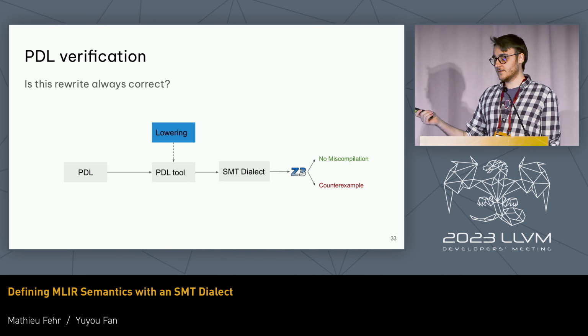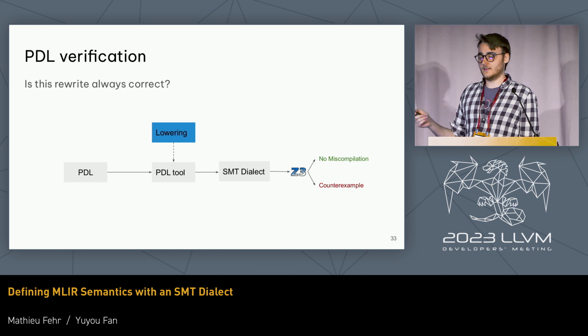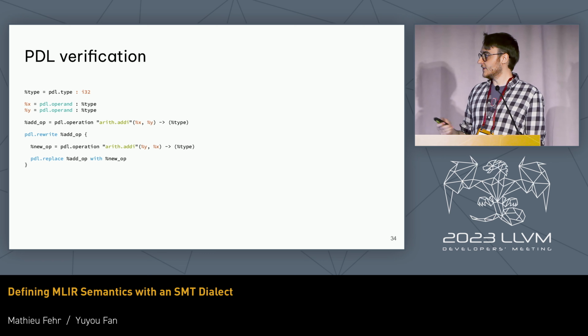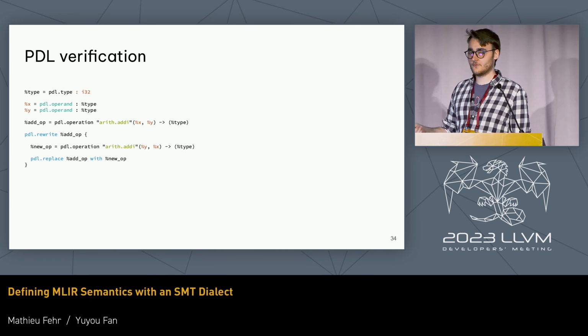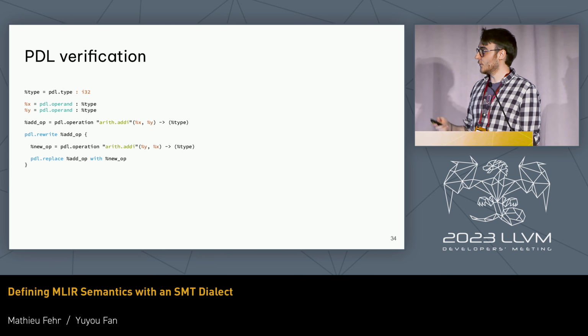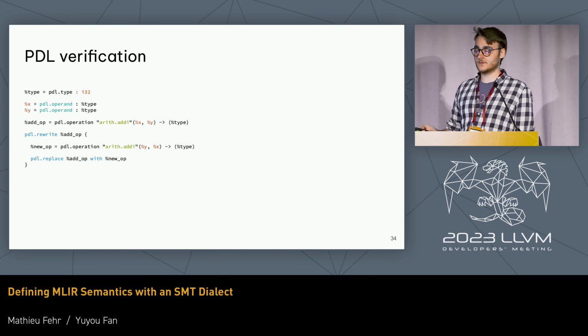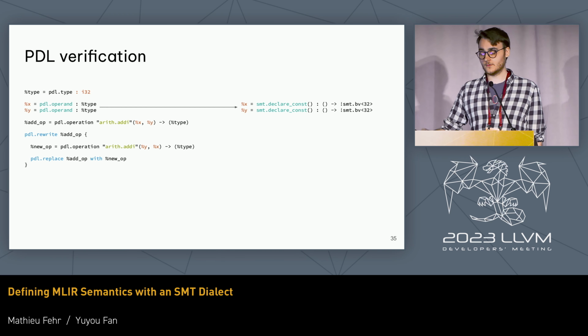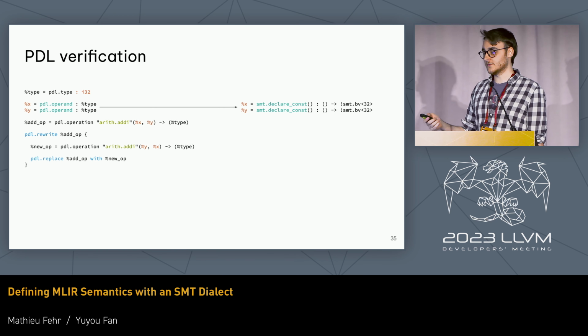As PDL is a dialect, we can do the same kind of lowering. For instance, here we have a simple PDL rewrite that checks that x plus y equals y plus x. The first thing we do is match two operands, and this translates exactly in SMT to declaring two integer constants.